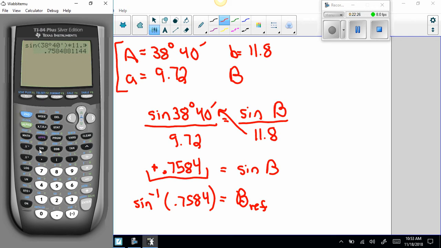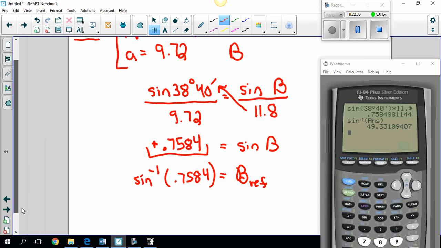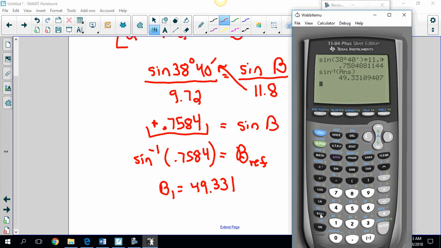So inverse sine of the last answer, and I pick up B1 to be 49.331. Once again, stow alpha Z.